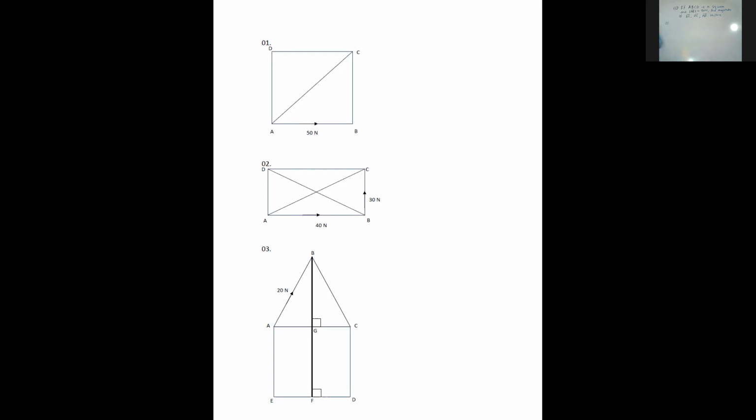Second one is a rectangle. ABCD is a rectangle.